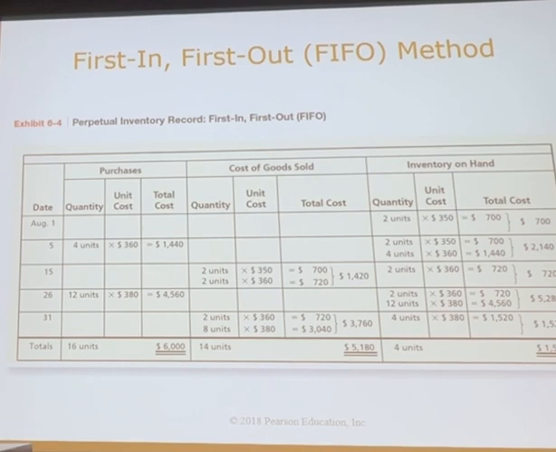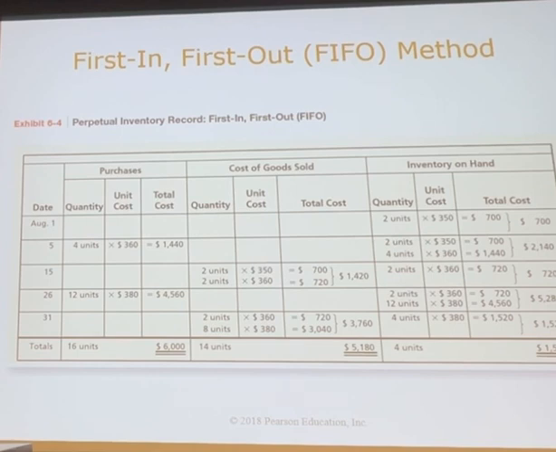Then when we make a sale on August 15th, that's the first place here that it comes into play what inventory costing method we're using. We're using first in, first out. So when we sell 4 units on August 15th, we have to assume that they're the oldest units that we sell. However, we only have 2 of the older units in inventory.